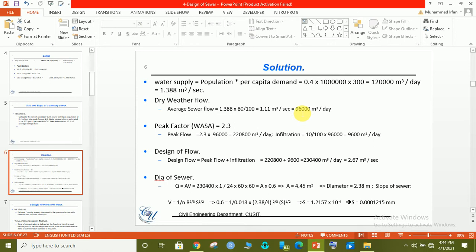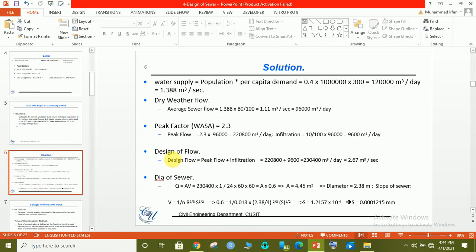You can see the infiltration is 10% of the average sewage flow. The average sewage flow is 96,000, and 10% of this is 9600 meter cube per day.